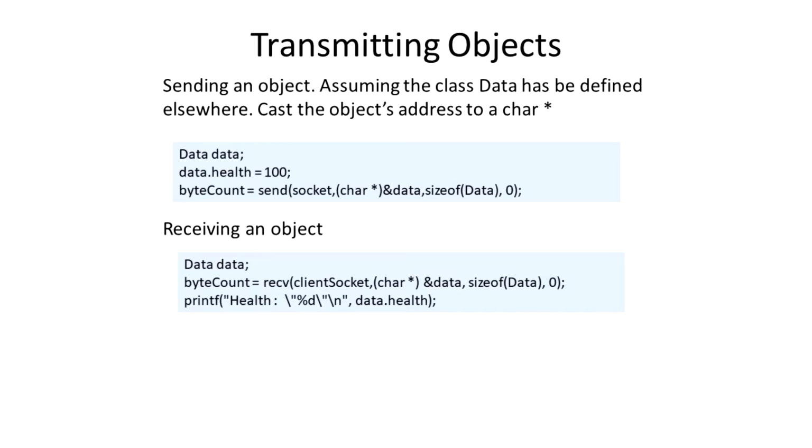We can cast this object, the address of the object, to a char pointer, and then put that in place of the buffer, where we would usually send the char array, the message of letters and numbers possibly, to the receiving location. So we can convert the static object to a char pointer, and perform all the other duties with the sockets that it's going to be sent on.